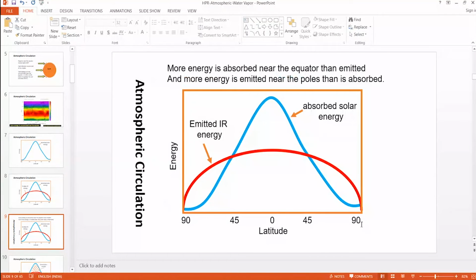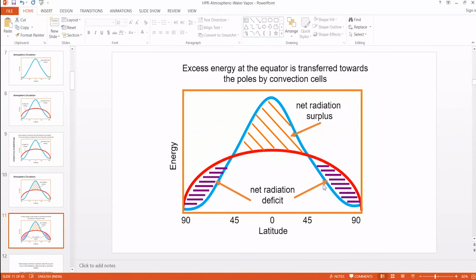So more energy is absorbed near the equator than emitted. So there is a surplus of energy here, and there is a shortage of energy at the poles. You can see that there is a surplus radiation at the equator and a radiation deficit at the poles.